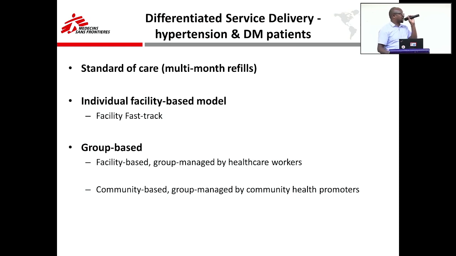So this means that the patient will have 1 consultation by the clinic officer per year, but the other 3 months they'll be meeting either a CHV, or if they want, they go to see the nurse every 3 months.